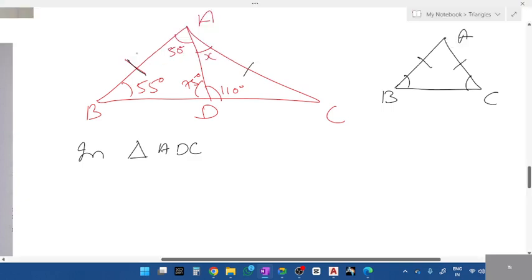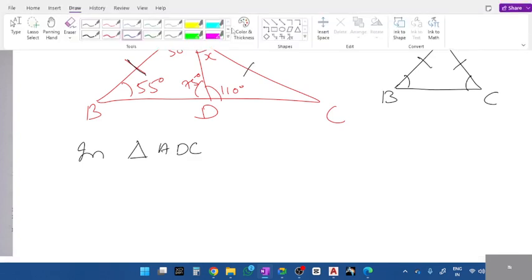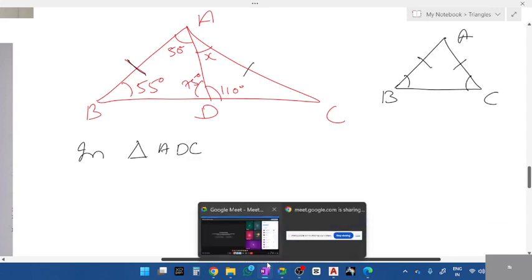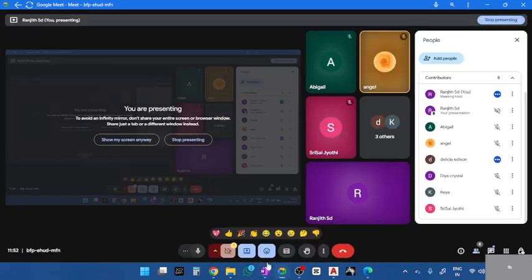Yes. Angel and Delicia, if it is an isosceles triangle, which two angles will be equal? Side AB is equal to AC. Then which two angles will be equal? C and B. Okay. What about you, Delicia? Which two angles?